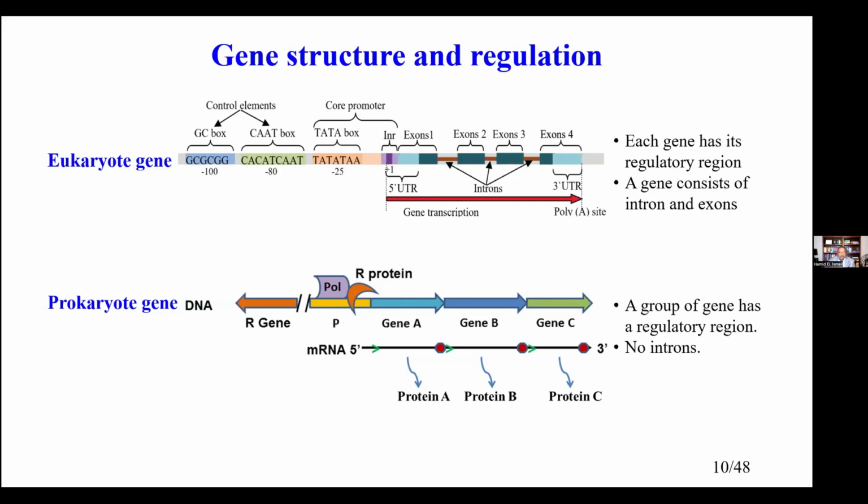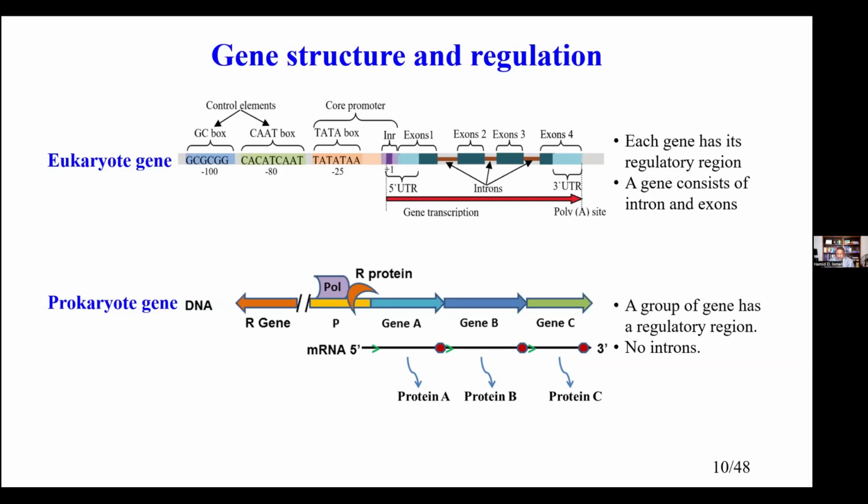Again, regarding the structure of the eukaryote gene, the intron leads to a very important thing, because a single gene can produce multiple proteins due to alternative splicing.